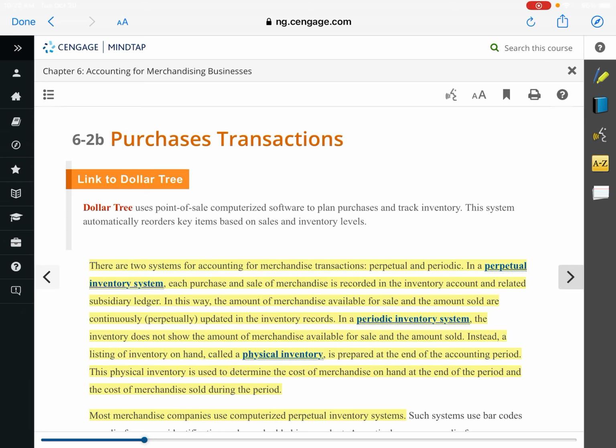No, we're not gonna mess with the rest of the stuff there. Okay, then like I just said, since buyers normally take all of the purchase discounts, we're gonna debit merchandise inventory for the net price.